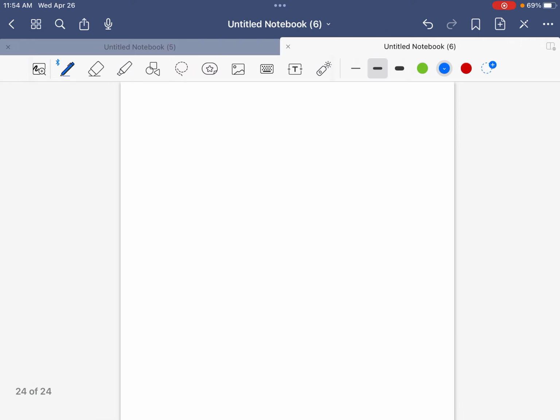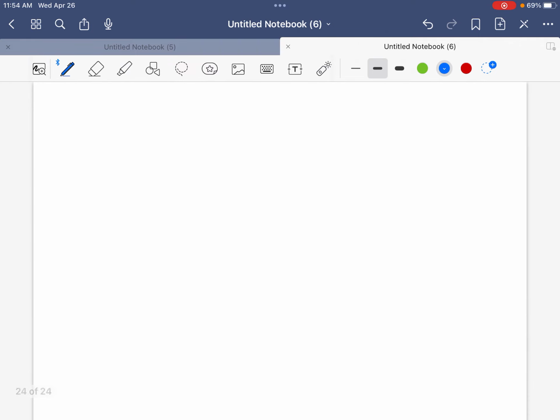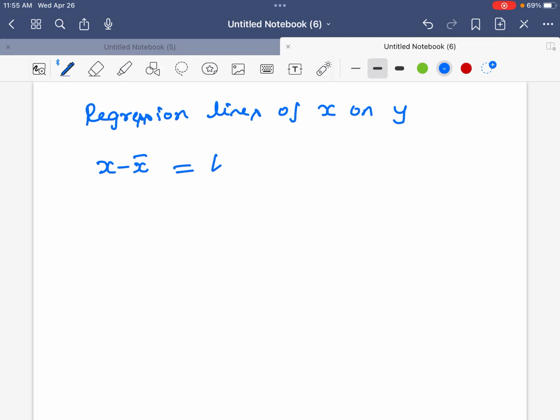Same way, now we can take the regression line of x on y. It is given by the formula x minus x bar equals bxy multiplied by y minus y bar.